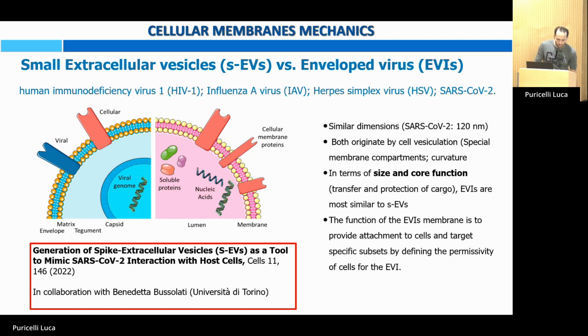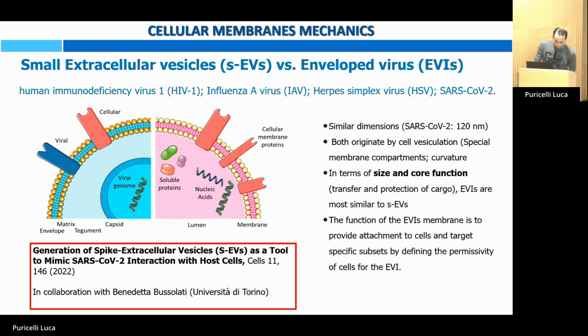They have a cargo that they want to release inside the cells. Of course, the proteins that are connected to the external bilayer are different. The cargo is different. Also, the internal structure of enveloped viruses is a little bit different because they also have an internal capsid, but in some aspects they are somehow similar.